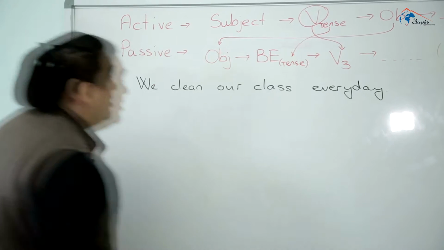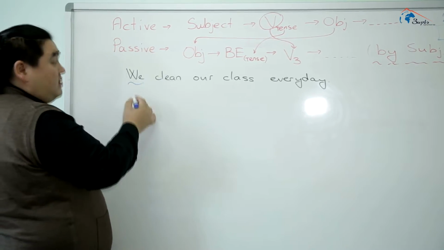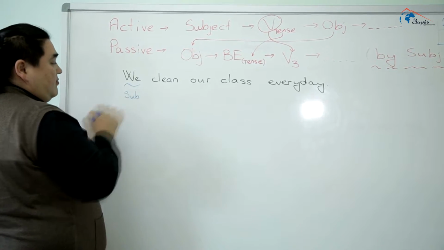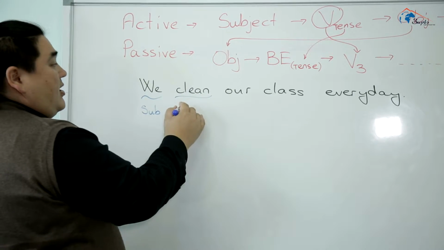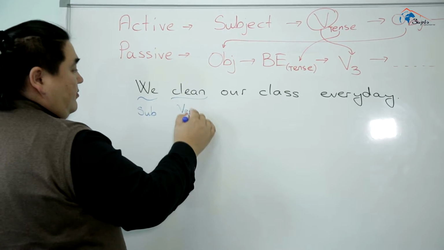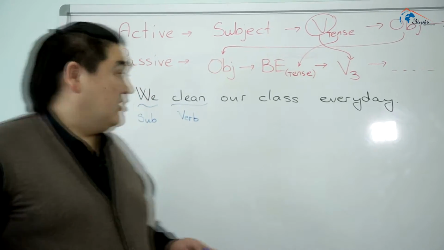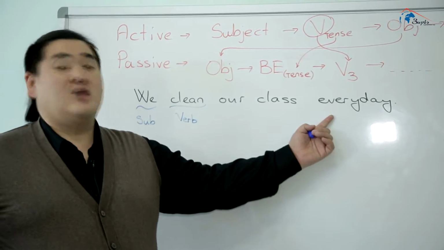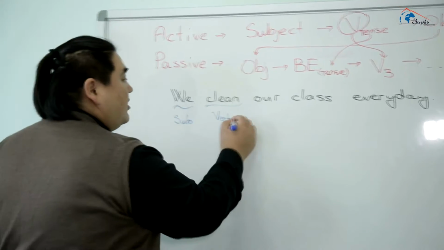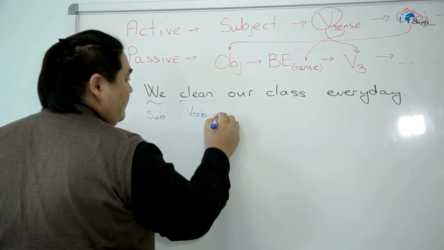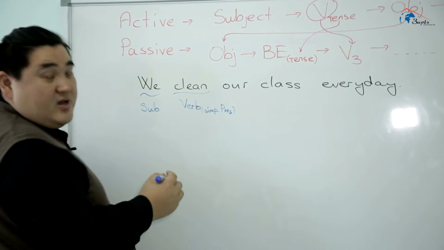Here, we is the subject of the sentence, and clean is our verb. But what kind of tense is it? Clean, in every day, signifies that the sentence is in simple present tense.